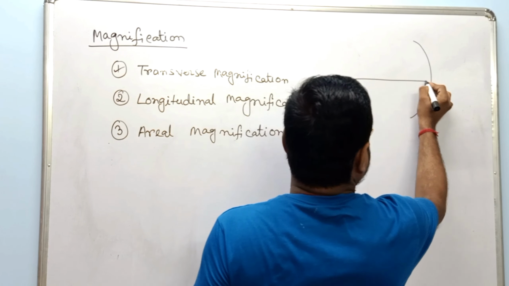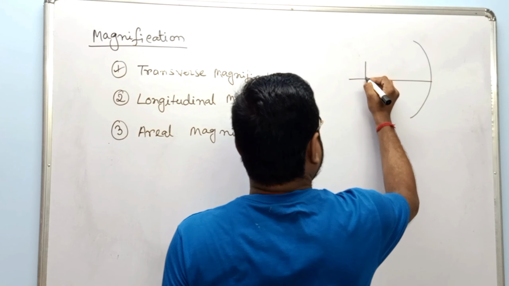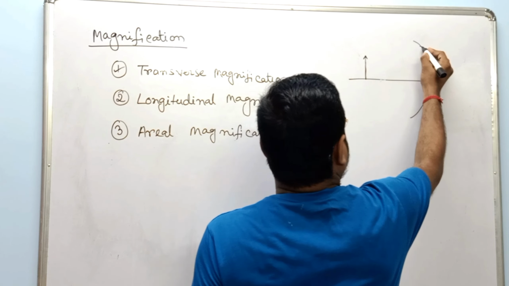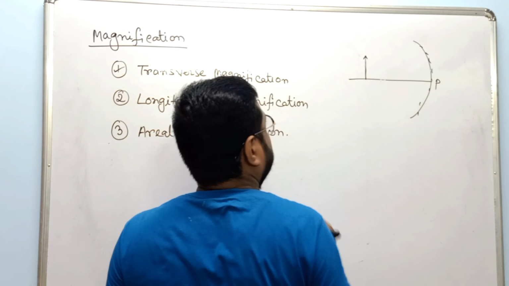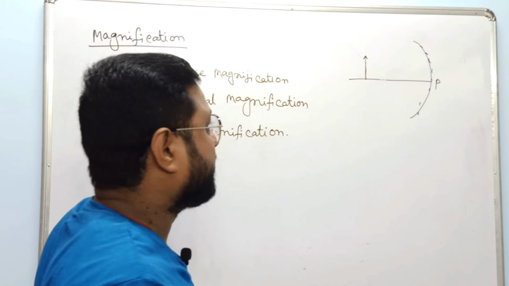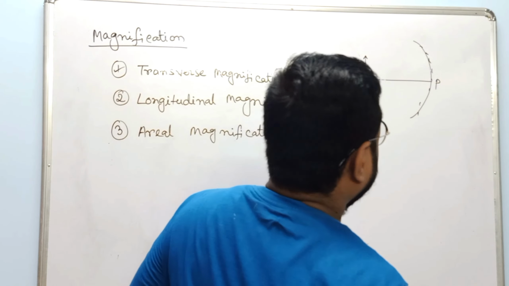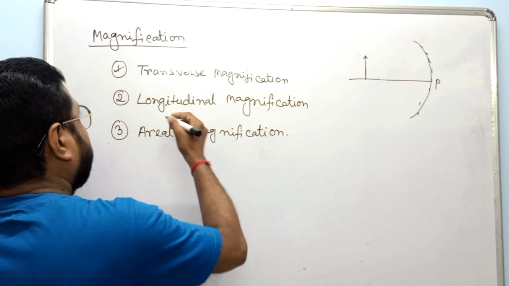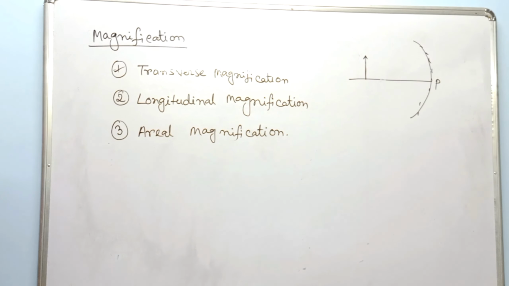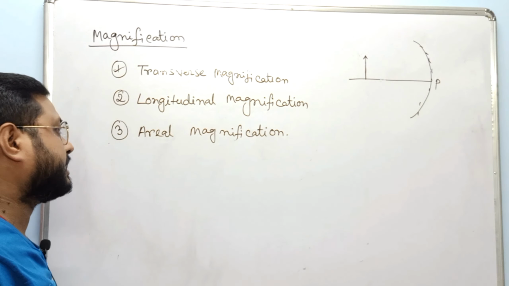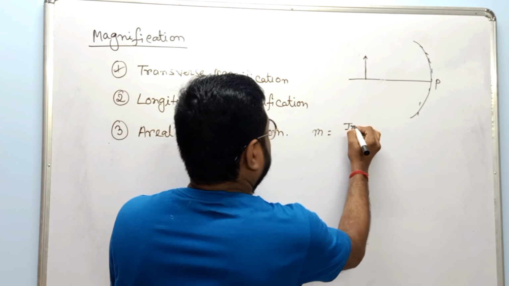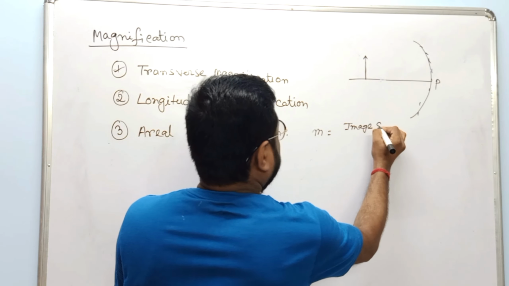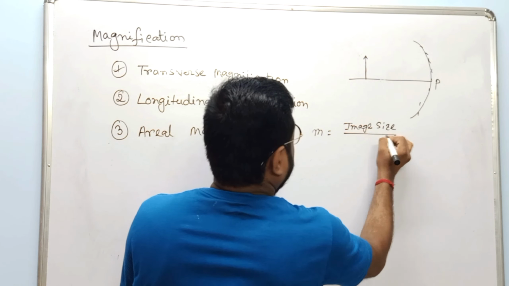When an extended object is placed perpendicular to the principal axis, the image is formed by the object, and the ratio of the image height to the object height, m, equals image size by object size.